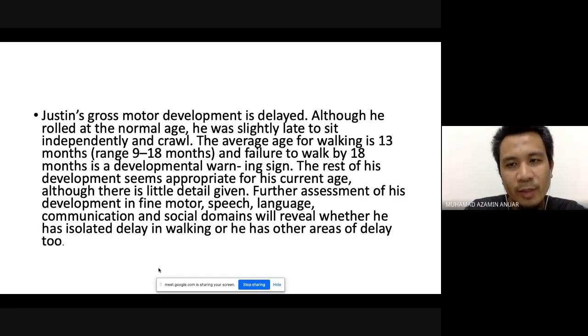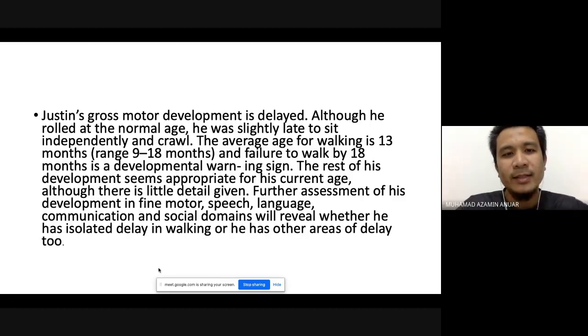Walking should be later than that, so not walking by 18 months is a red flag. So that's why you need to investigate this child, and obviously you do other testing as well, assessing his fine motor, speech, language, and social development.